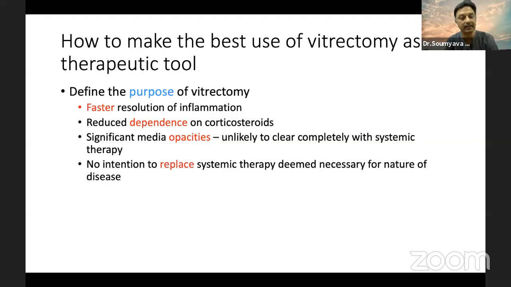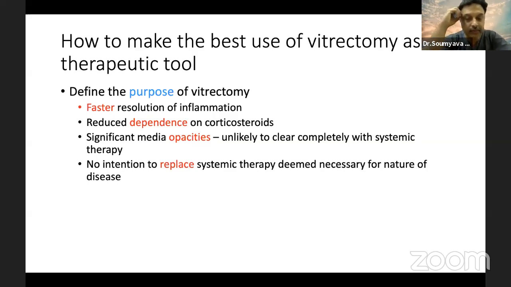Also, when there are significant media opacities that are unlikely to clear completely with systemic therapy, vitrectomy can have a role. However, it should be very clearly understood that there is absolutely no intention to replace the systemic therapy that might be necessary for the nature of the disease that we're talking about.